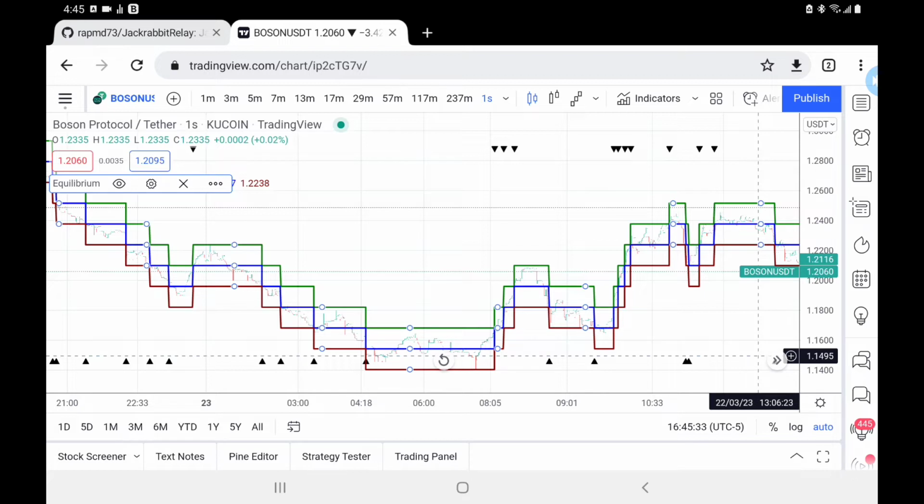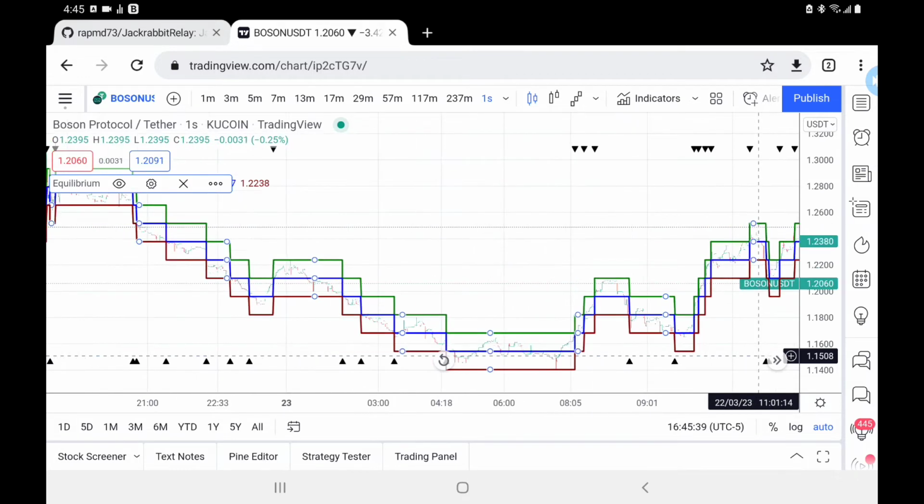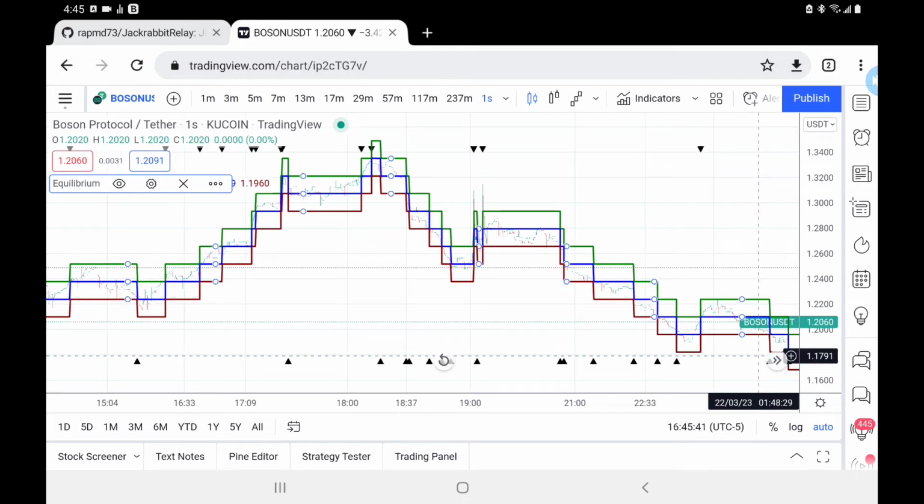And I'm going to demonstrate this in a few minutes with some coins on my VPS. So just remember that as long as you don't sell the asset, those losses aren't real. But when Equilibrium makes a sell, one at a time, those profits are real, and they are added to your account.